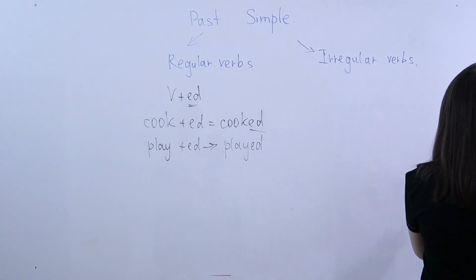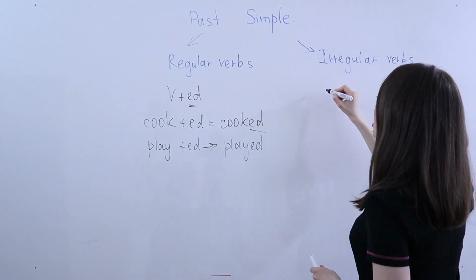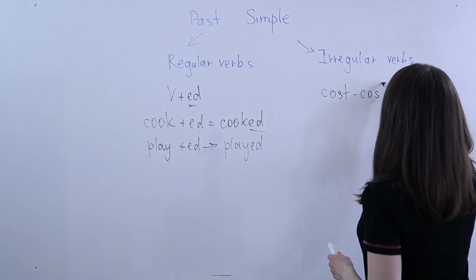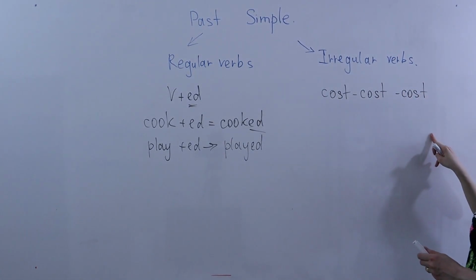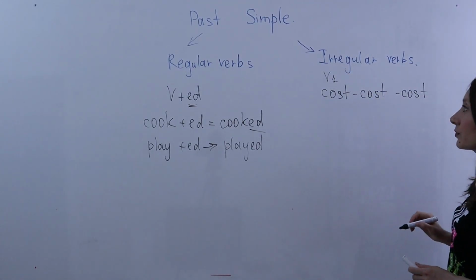For example, the following verbs like cost, cost, cost. So you think, what does it mean cost, cost, cost? So here, cost, this is the main verb, right?